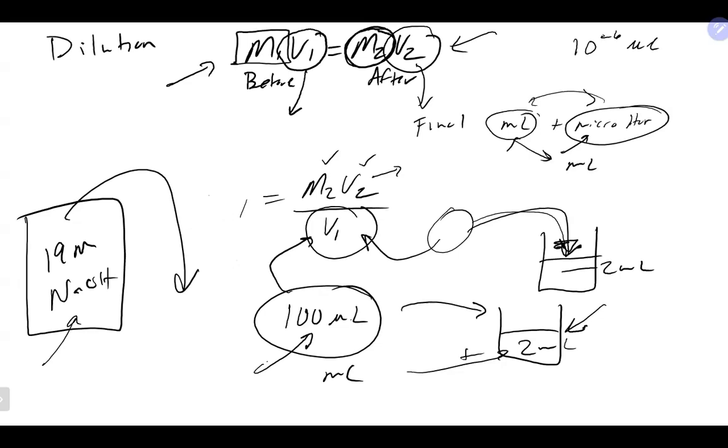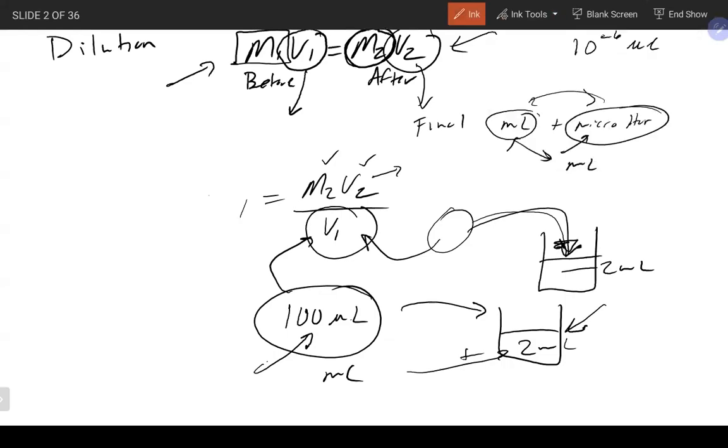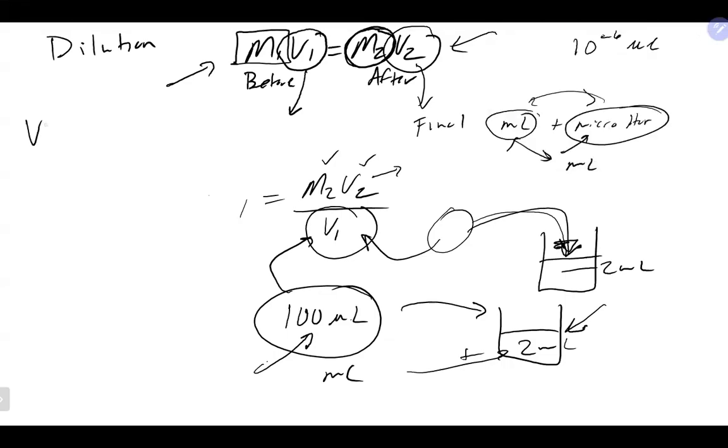So in this particular case, let's get rid of this here. The original V1 was 100 microliters, which is 10 to the minus 6, which is micro. That means that in 1 microliter, there would be 10 to the minus 6 liters.